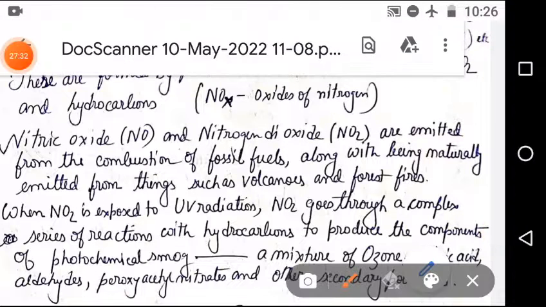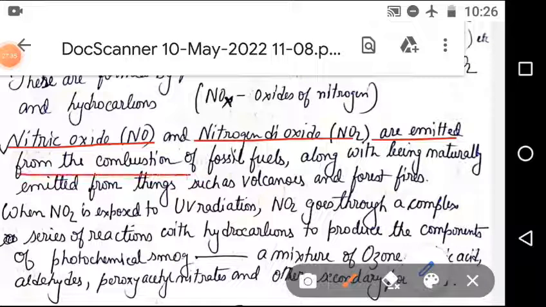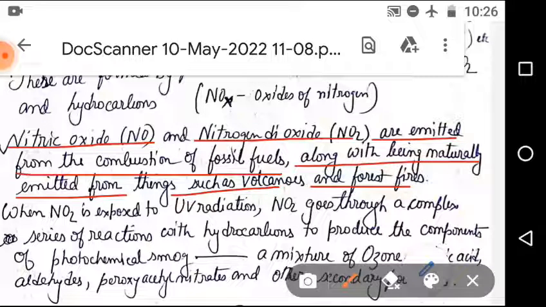Nitric oxide and nitrogen dioxide are emitted from the combustion of fossil fuels, along with being naturally emitted from things like volcanoes and forest fires. As I said when we were talking about acid rain in the previous classes, the main source of nitric oxide and nitrogen dioxide is where? Incomplete combustion of fossil fuel.